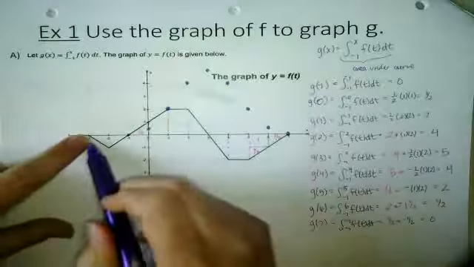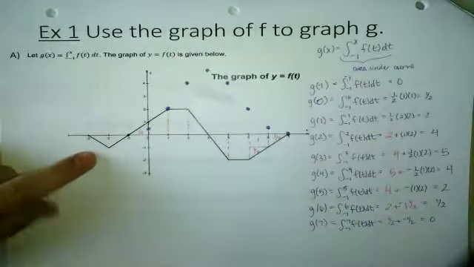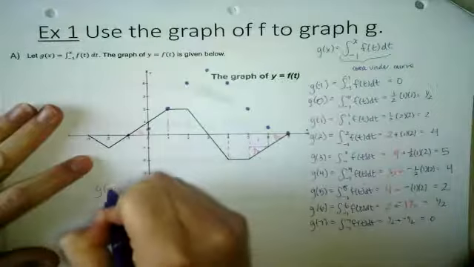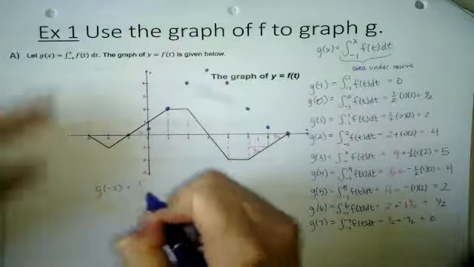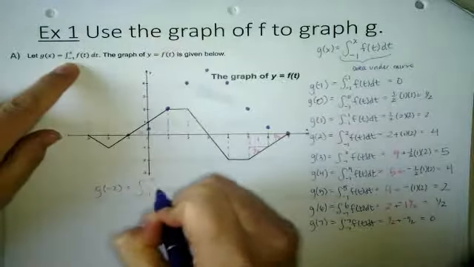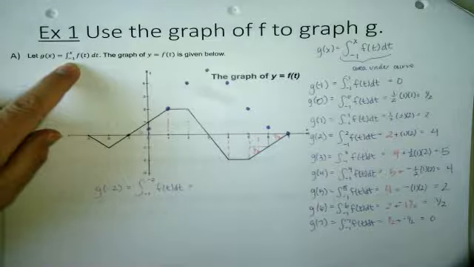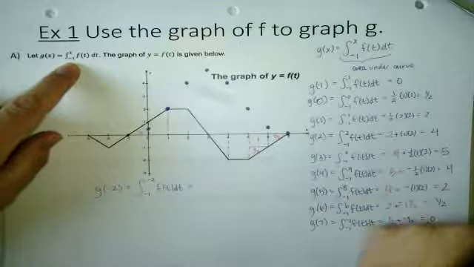Now I'm almost done because I need to go backwards to -3, and I didn't do those on purpose. Because if I wanted to find G of -2, that would be the integral from -1 to -2 of f of t dt. Now I haven't specifically talked about this yet, but you have experienced it, and I hope you realized it.